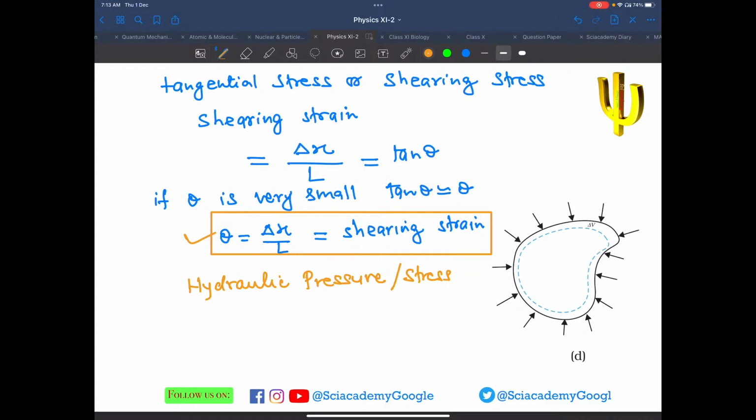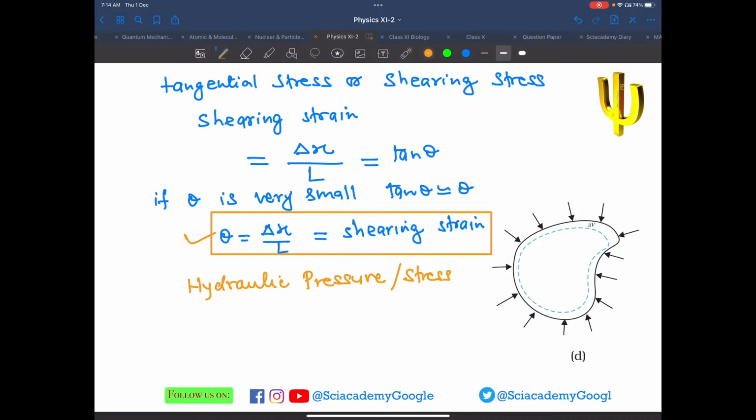The force applied by the fluid acts in a perpendicular direction at each point of the surface of the sphere, and under this condition, this sphere or any body placed into this liquid or pond is said to be under hydraulic compression.